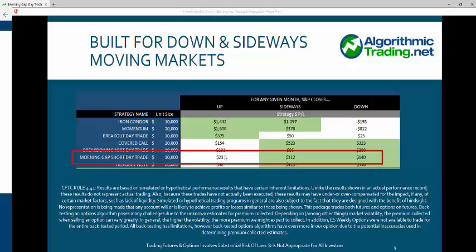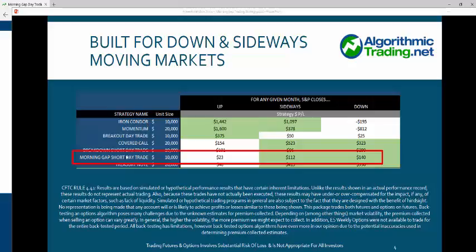So that's why, generally speaking, we don't recommend people trade any of our strategies as their own strategy, and why we always think of our product as being a portfolio. But again, we're looking under the hood. So this strategy does well in down moving markets and also sideways moving markets, and so that's how it fits into the grand scheme of the portfolios that we offer.